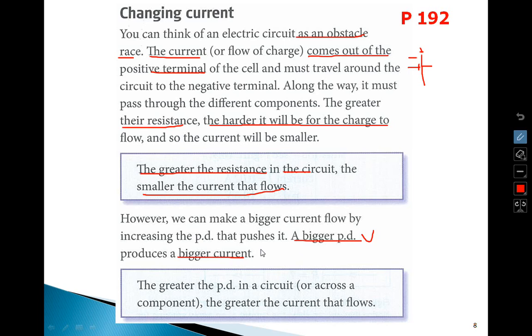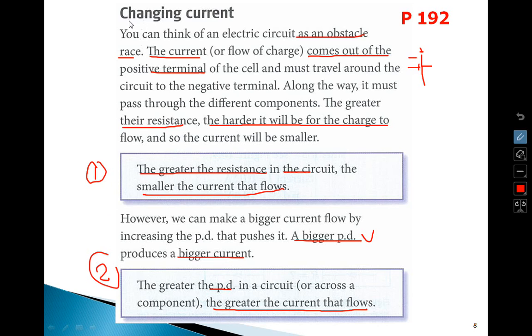So the second conclusion here is that the greater V or PD in the circuit, the greater the current that flows, or the less V, the less I. So we have two conclusions here. This is one, and this is the second one.